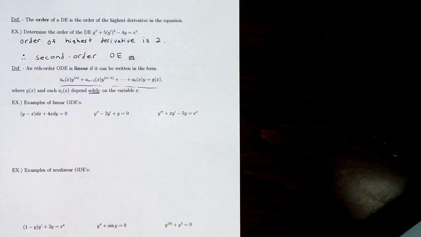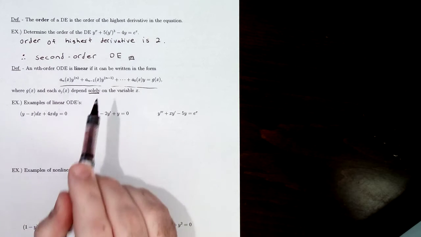I do have a few examples of linear ODEs. So for example, (y minus x) dx plus 4x dy equals 0. We can go ahead and rewrite this equation to make it look like the form in the definition above.